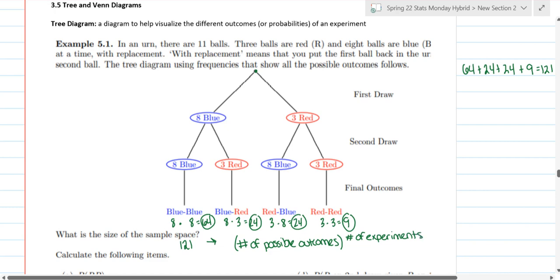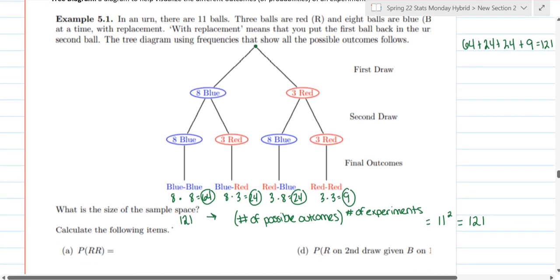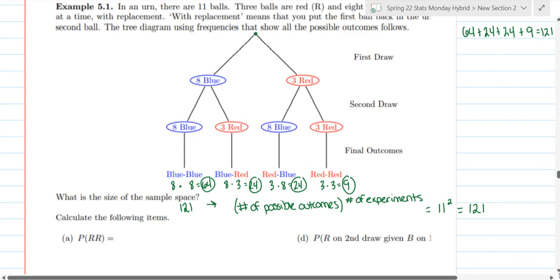Here I have 11 possible outcomes because there are 11 balls, and I am doing this twice, so 11 squared is also 121. You could do that when we are doing replacement. With replacement, we raise to the number of experiments. If we are not replacing, then we're just going to multiply, which we'll look at in the next example.